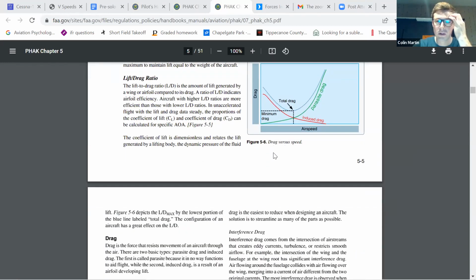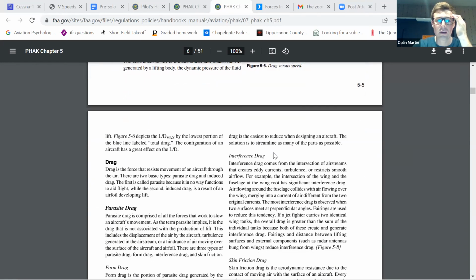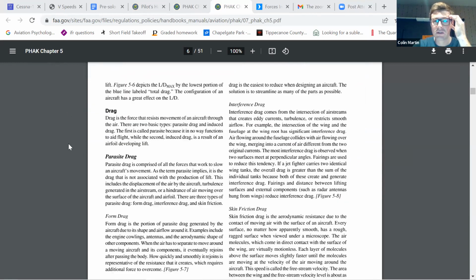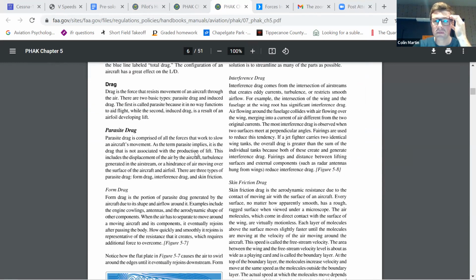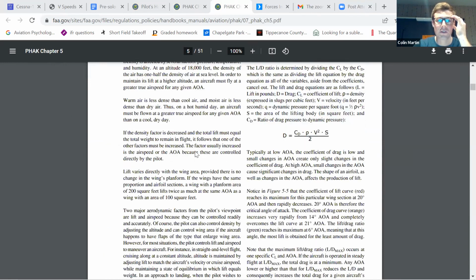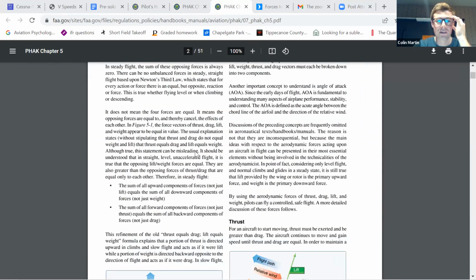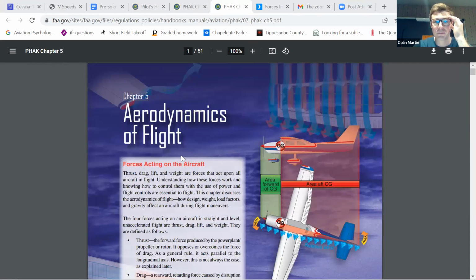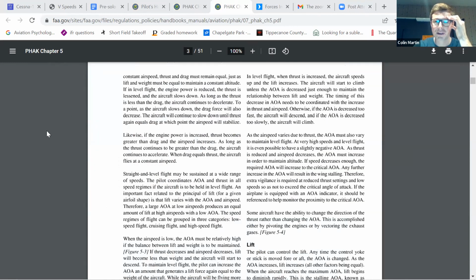So here's a page from the Pilot's Handbook of Aeronautical Knowledge. Chapter 5, I think it's called the basics of aerodynamics of flight. It's 51 pages of just pure info about aerodynamics.